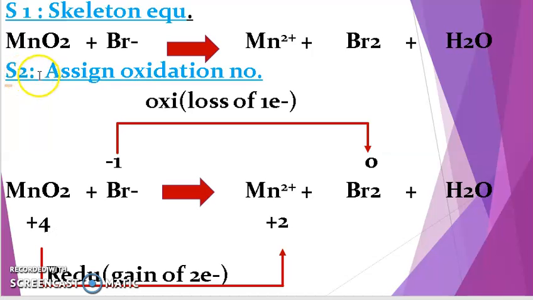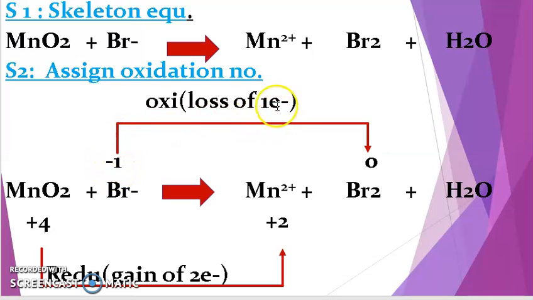The second step is to assign the oxidation number and find the change in the oxidation number for the atoms undergoing oxidation and reduction. That means we have to write what oxidation is happening and what reduction is happening in the particular reaction. Okay, so if you see here, the Br minus is having only one electron here, minus 1.